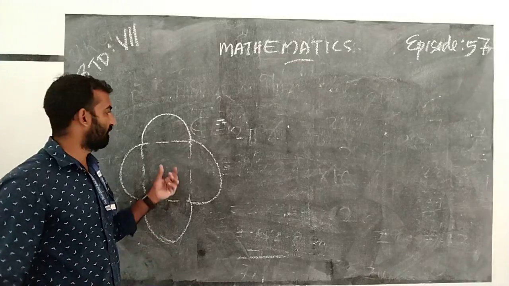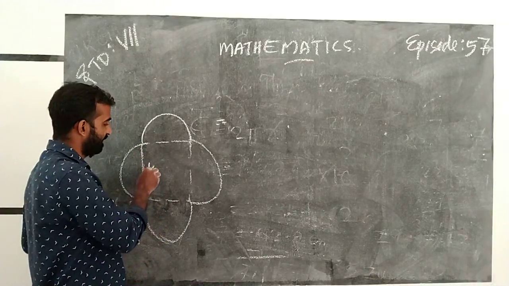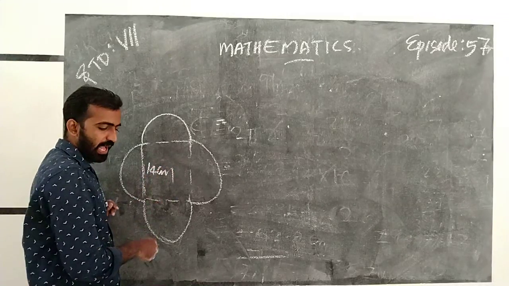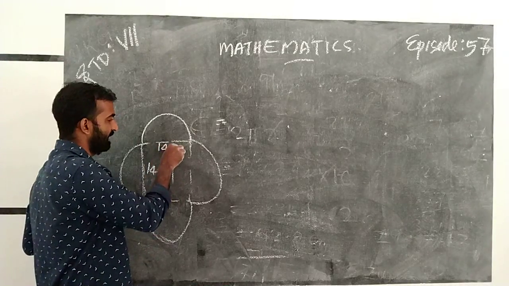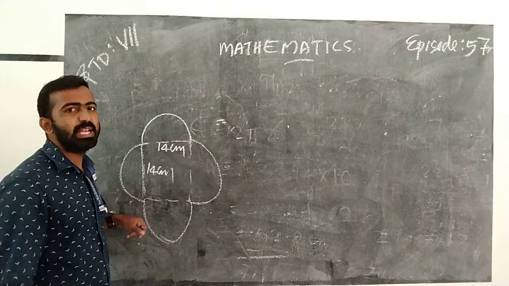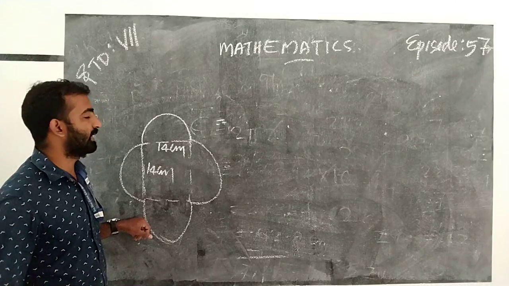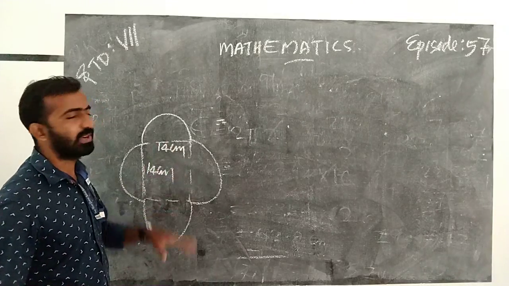This is a rough sketch. This is the shape, and this is 14 centimeter, and this is 14 centimeter. We want to find the perimeter of the given shape.